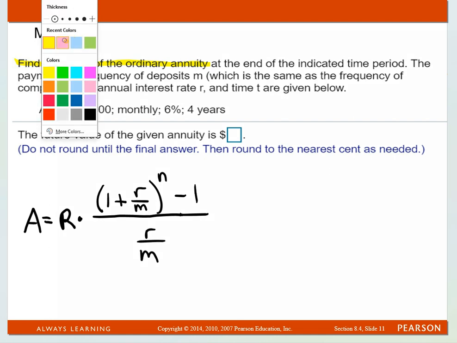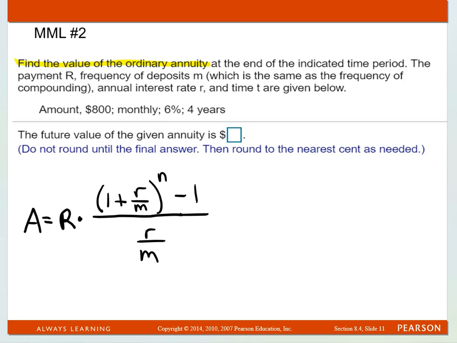And the payment R, which will be the amount of $800, goes there. The frequency of deposits M, which is the same as the frequency of compounding, that is monthly, which means it's 12.